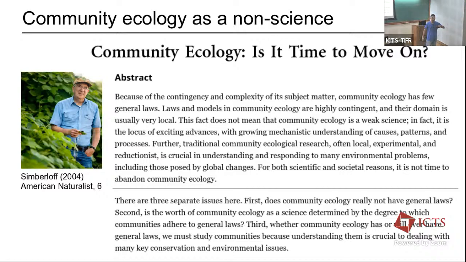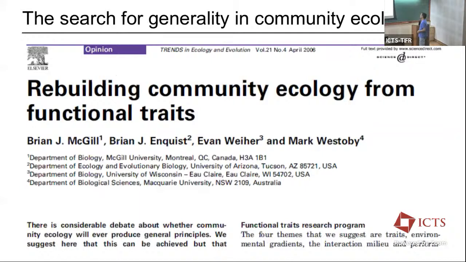If I need to plan conservation initiatives to be able to address this emerging threat, then I need to understand what's happening at that level. So it's actually not just possible, but also important to understand how communities are responding to these emergent threats, and that's what Daniel Simberloff says: that for both scientific and societal reasons, it is not time to abandon our understanding of what communities are.